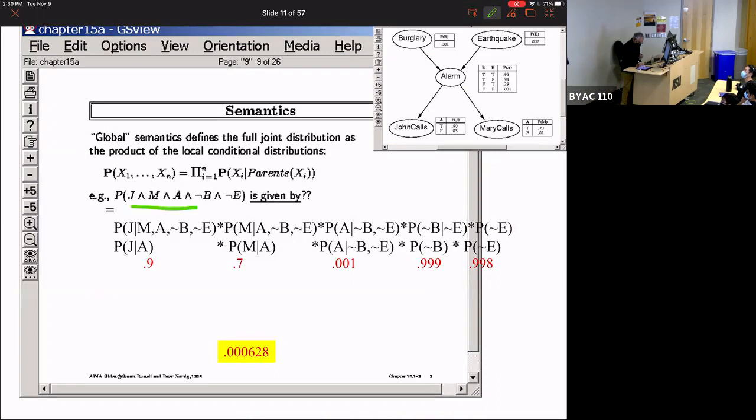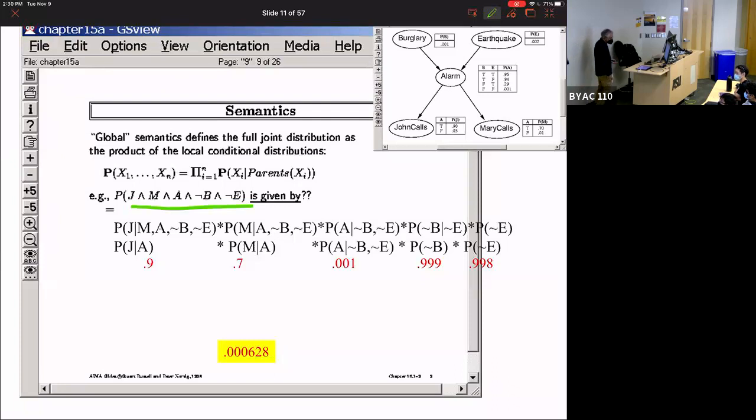Suppose you're trying to compute, in the burglary, earthquake, alarm, John calls, Mary calls example, the entry: John calls and Mary calls and alarm and not burglary and not earthquake. That would be one of the entries because you have given the values for each of the variables. So there should be an entry in the joint distribution for that. You want to compute this.